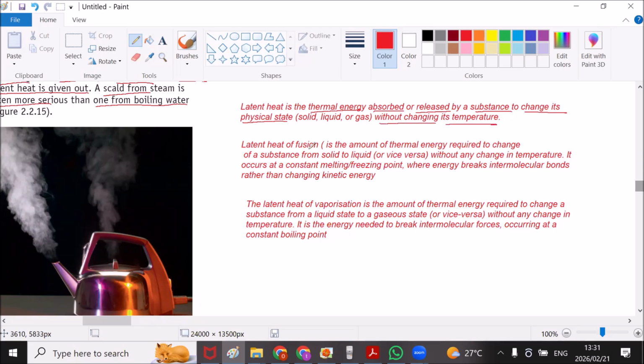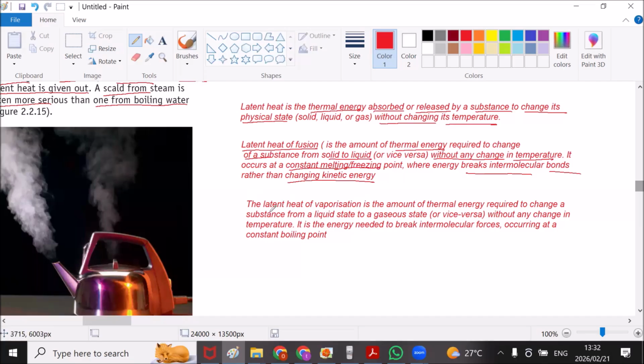And the latent heat of fusion is the amount of thermal energy required to change a substance from solid to liquid or from liquid to solid without any change in temperature. It occurs at a constant melting or freezing point, where the energy supplied is used to break intermolecular bonds rather than change the kinetic energy or increase temperature.